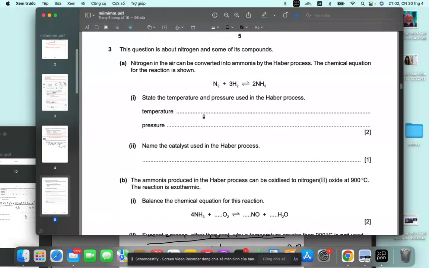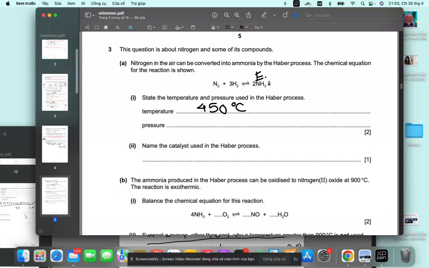State the temperature and the pressure used in the Haber process. So we know the temperature is 400 degrees, 400 to 450 degrees, 450 degrees to be exact, and the pressure would be... because the forward reaction is exothermic.